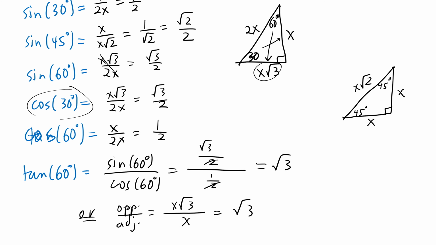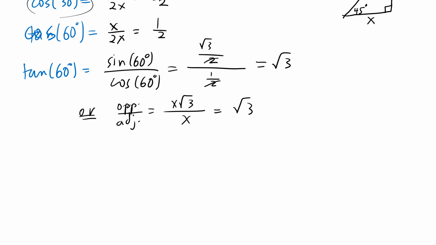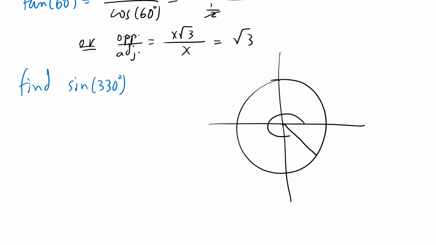How about if they give us large angles? Say I want to find sine 330 degrees by hand. To do that, again, you can draw it on the unit circle. 330 would be here. We always need to find the coordinates of that point, so we drop a height.